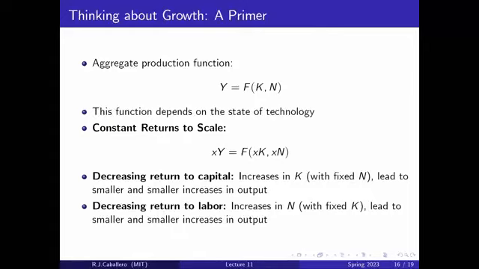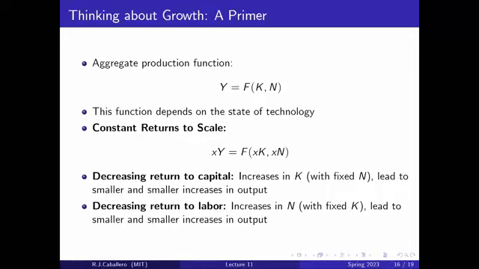And then we said this production function has some important properties. One is it has constant returns to scale. Things change quite a bit if you don't have constant returns to scale. Constant returns to scale means, and you should know this, that if you scale all inputs, all the factors of production, by the same factor, output also rises by the same factor.